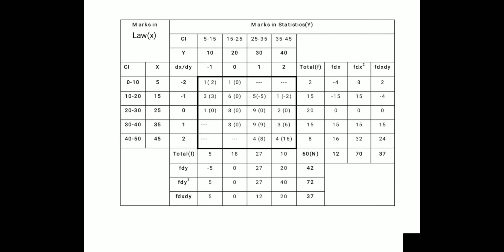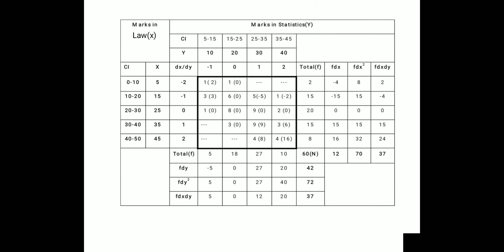Now the next step is to calculate the values of dx and dy. The dx and dy values can be calculated based on the assumed mean values. Here let us assume 25 as the assumed mean for x and 20 for y.